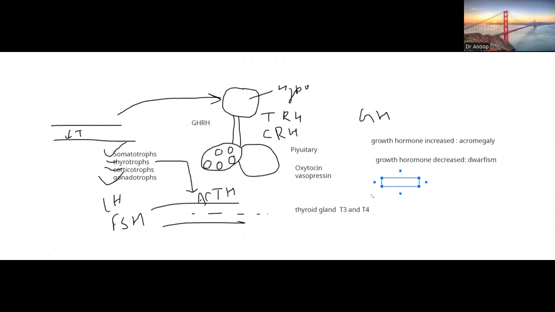There is somatotropin, right? There are drugs like sermorelin and hexarelin. These are all useful in conditions where growth hormone level is decreased.